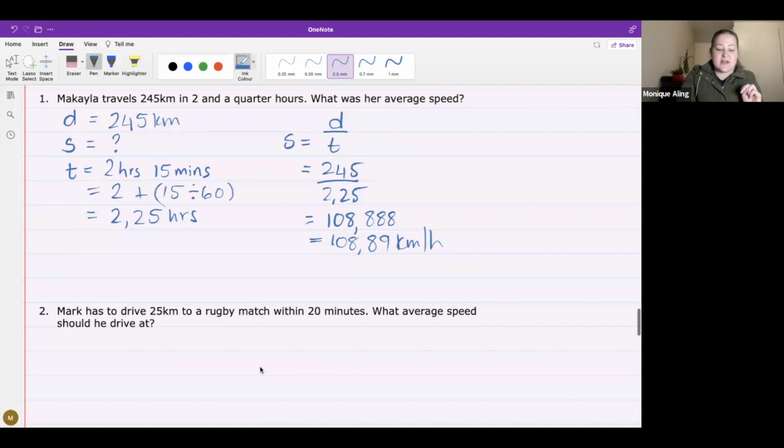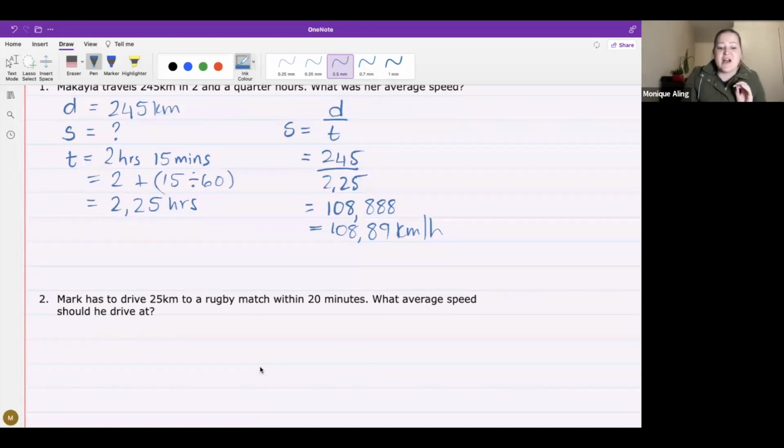Let's try another one. Mark has to drive 25 kilometers to a rugby match within 20 minutes. What average speed should he drive at? So again, the key things to look out for, we've got distance, we've got some time, and they've asked us to work out speed yet again.